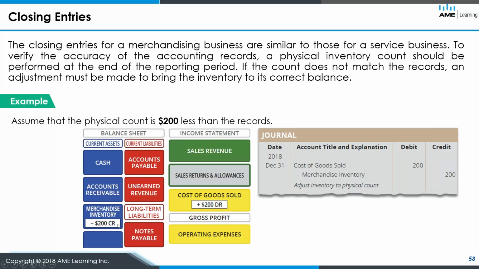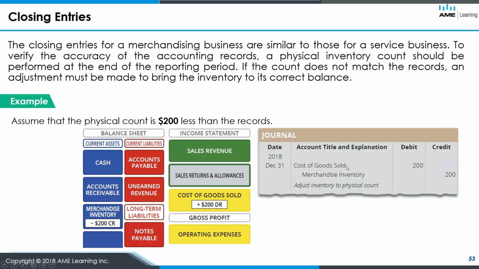We want our inventory number on the balance sheet that we say we own to actually match the inventory that we physically see and count. Here we're saying we're not accurate by $200. So we reduce inventory down to actually reflect the physical count.